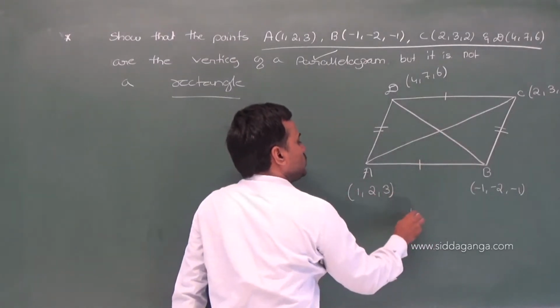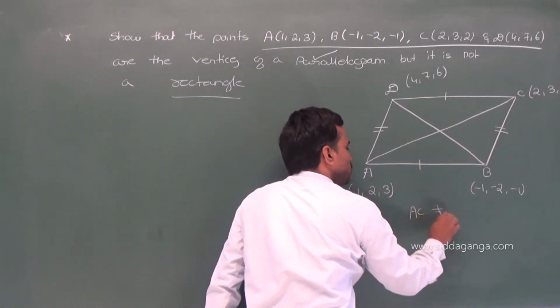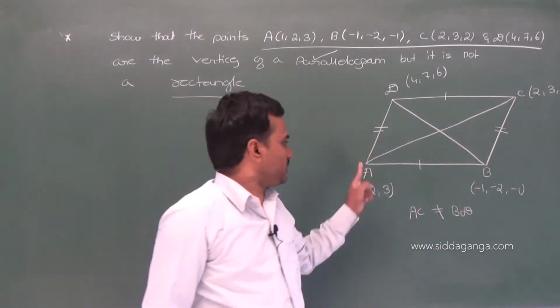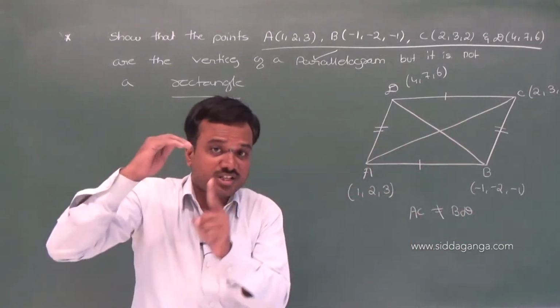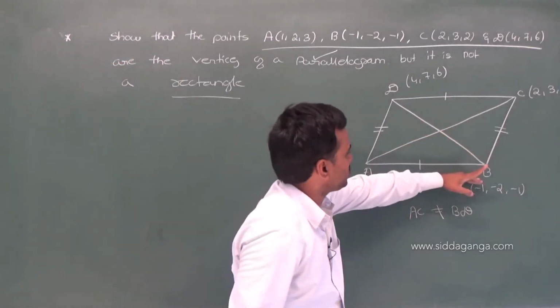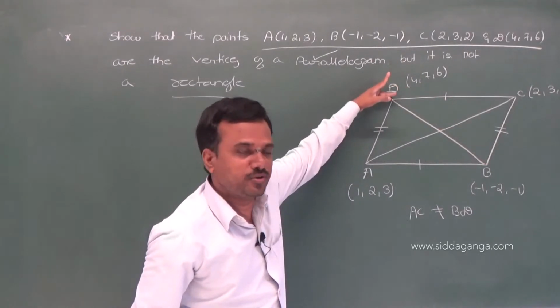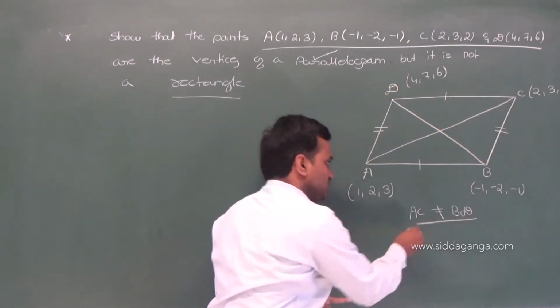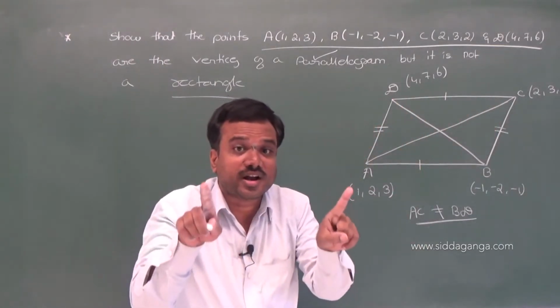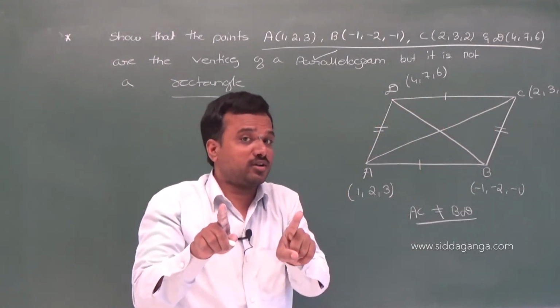If the diagonal AC is not equal to the diagonal BD, that means distance from A to C is not equal to distance from B to D, if this condition satisfies, ABCD is not a rectangle. Understand? Got my point?